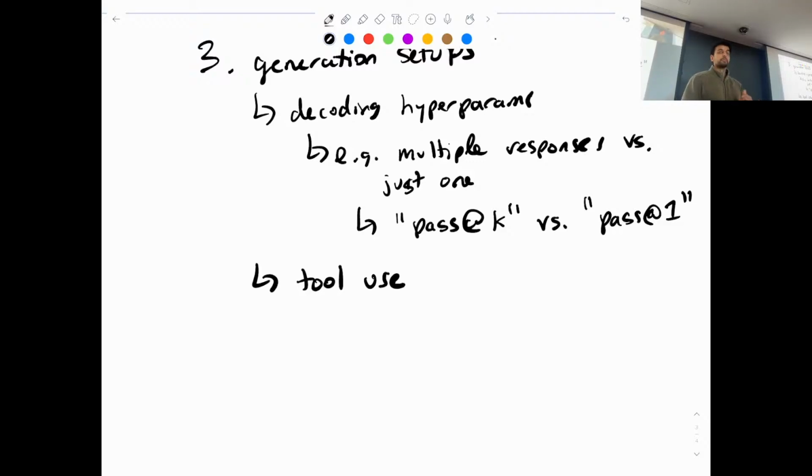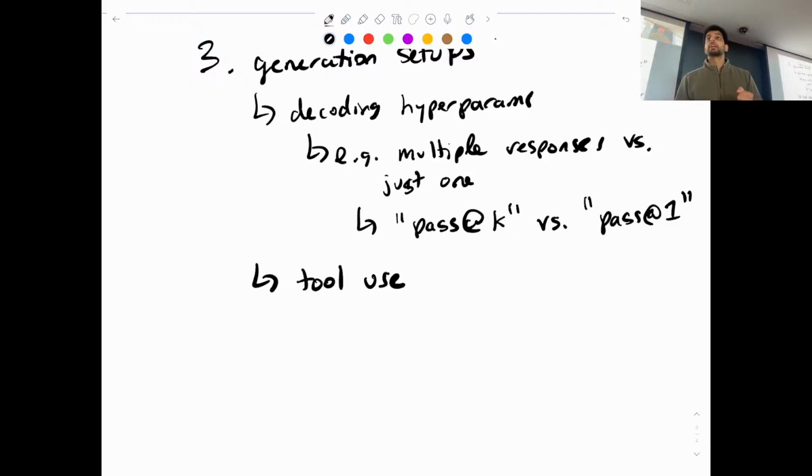So tool use is another kind of condition of a benchmark, where some benchmarks may say no tools allowed, no access to Google search or Wikipedia or things like that. No access to executable code that you can run.